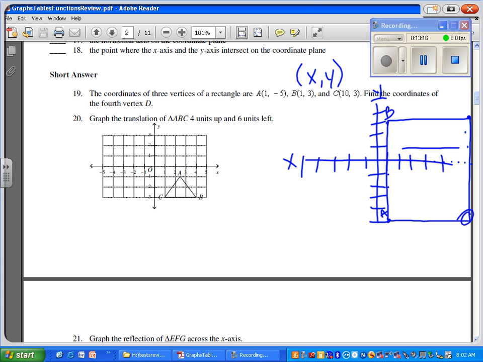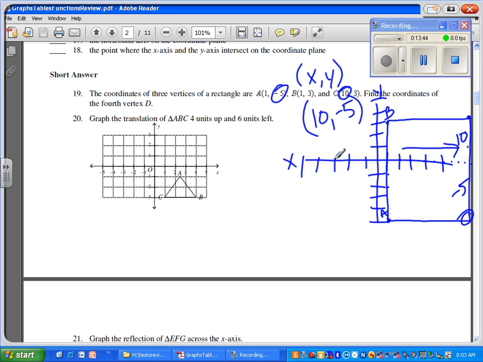So I know I'm supposed to go to the right 10, and then I'm going down -5. So it's going to be 10, -5 for my other vertex that I'm missing. Please notice that I share this x value and this y value to find your exact points. But please draw a picture to help you understand.